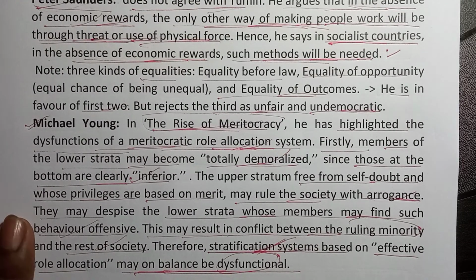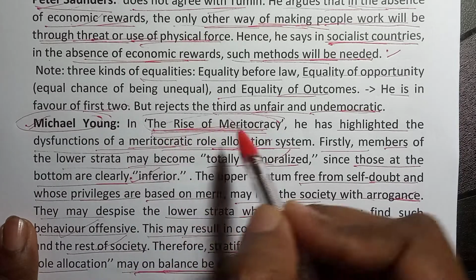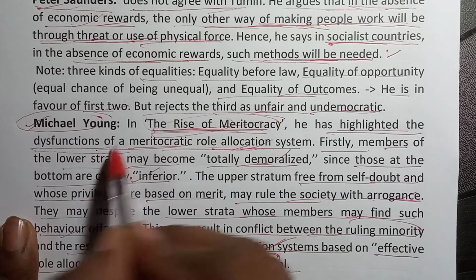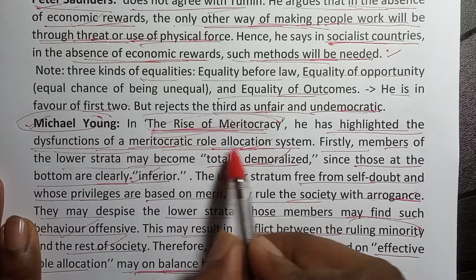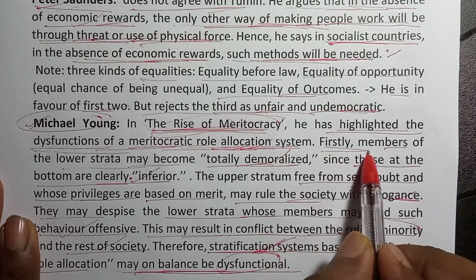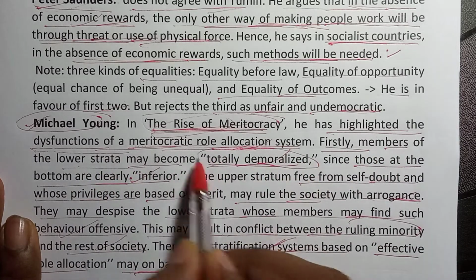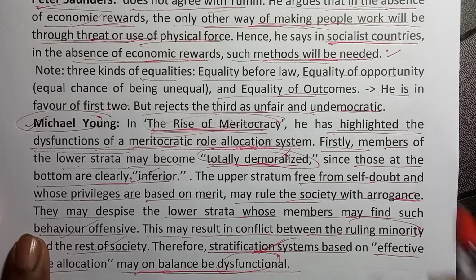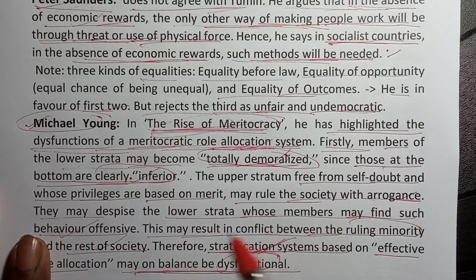Now let us see what Michael Young has said. In The Rise of Meritocracy, he has highlighted the dysfunctions of the meritocratic role allocation system. Firstly, members of the lower strata may become totally demoralized, since those at the bottom will clearly be tagged as inferior, meaning they will be declared inferior.